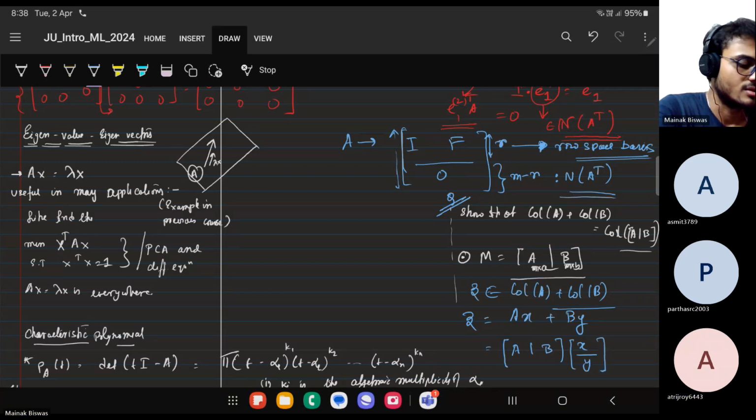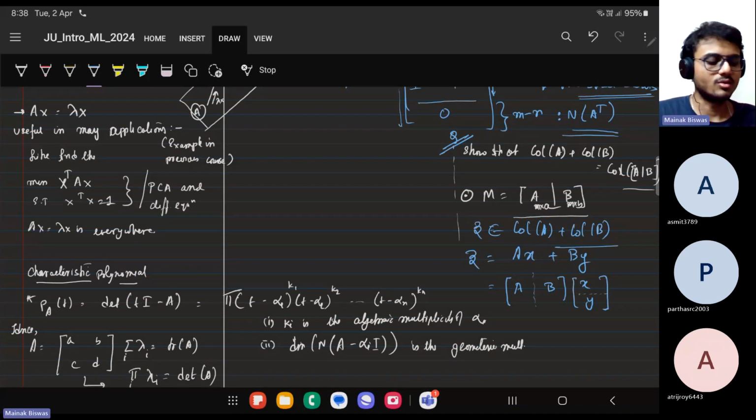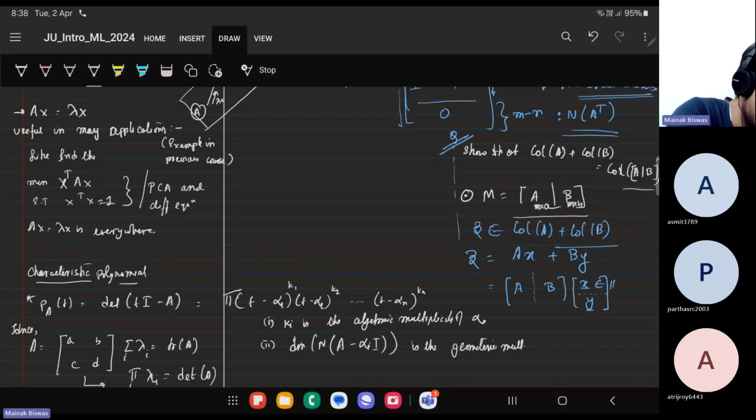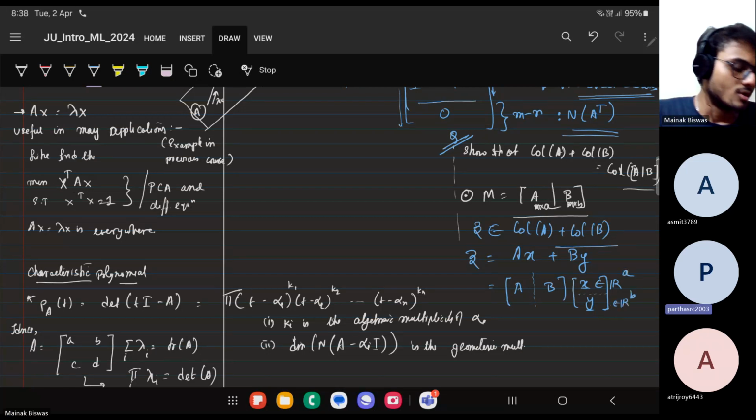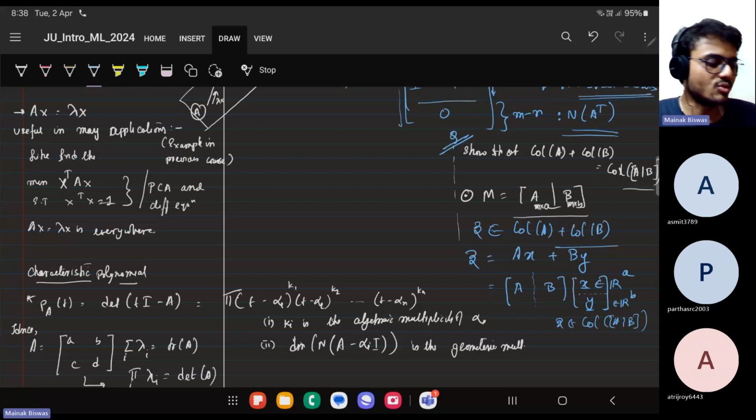Yes, to get that. This is what you mean. And these two both are vectors. What is the dimension of X? R to the power N. Now Z also belongs to the column space of A augmented with B. So this is what I have.